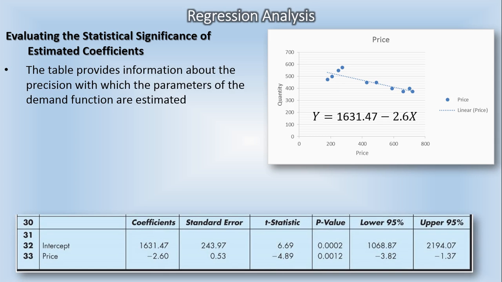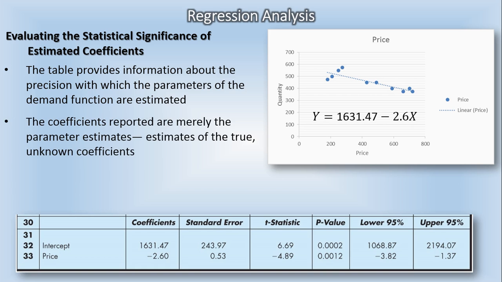All right, so the table provides information about the precision with which the parameters of the demand function are estimated. So again, here are our estimates for the intercept and for the coefficient on price. The coefficients reported are merely parameter estimates of the true unknown coefficients. The true unknown coefficients are the actual numbers that we know exist in the world, right?